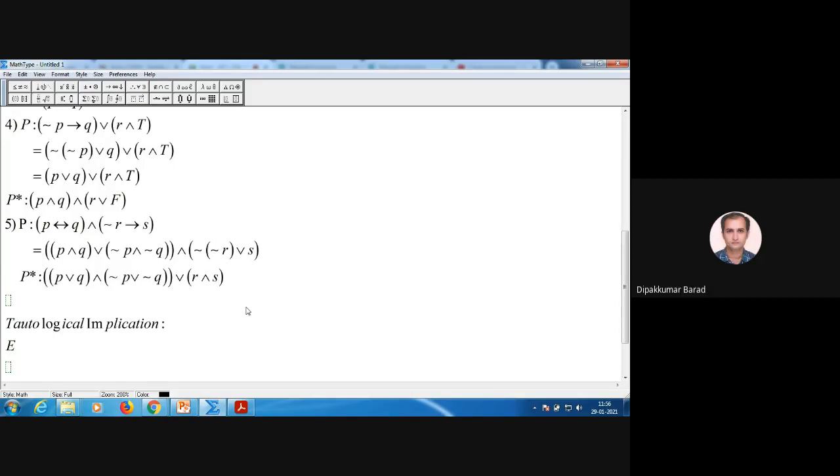So here I write: if you have two statements P and Q, and P implies Q is a tautology, then we can say that it is a tautological implication.